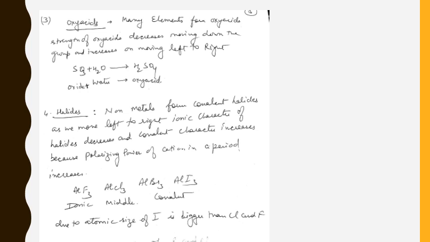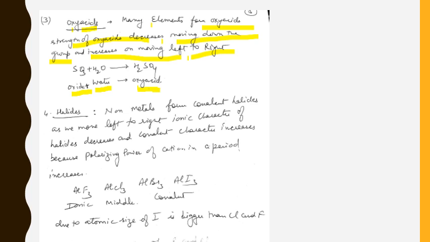So the third compound we talk about here is the oxyacids. What are oxyacids? When an oxide combines with water, it forms oxyacids. Many of the p block elements form oxyacids, and the strength of the oxyacids decreases down the group, while it increases from left to right in a period. Here sulfur oxide and nitrogen oxide combine with water to produce oxyacids.